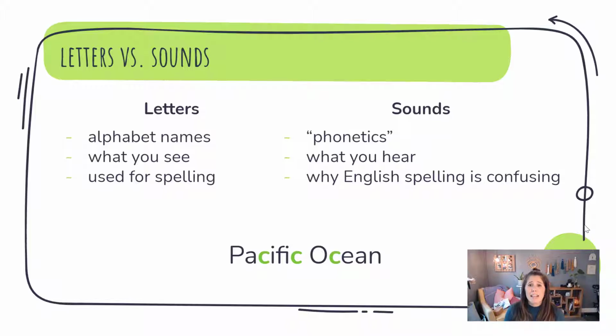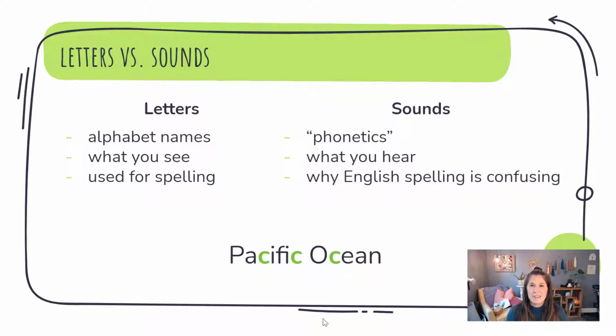The fact that letters and sounds are different in English is why spelling in English is so confusing, right? So let's take the example down below. We have Pacific Ocean. Here you will notice that the letter C is found 3 times in this proper noun.